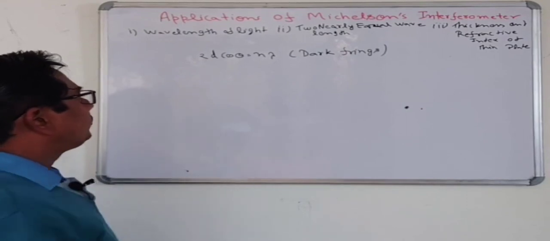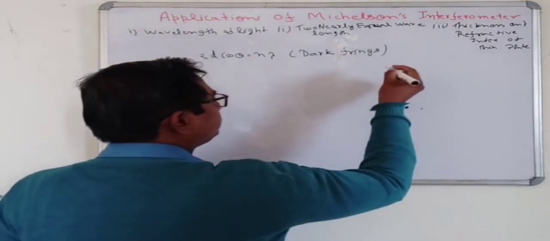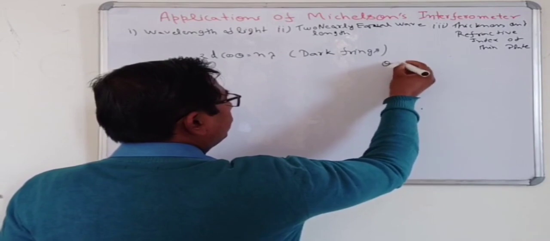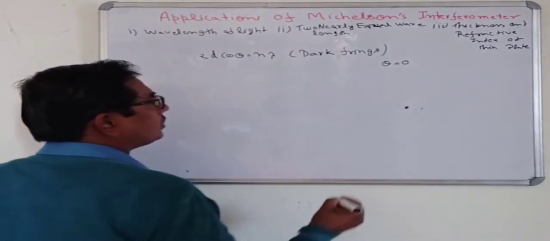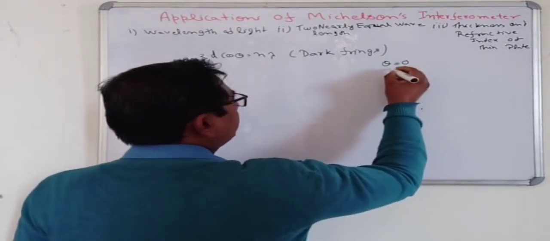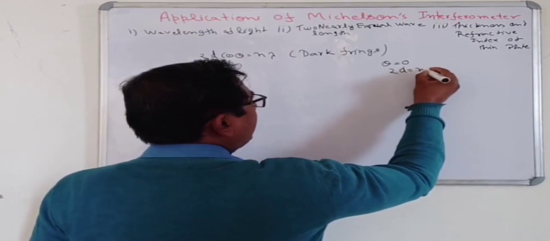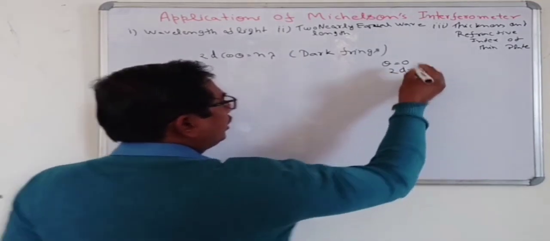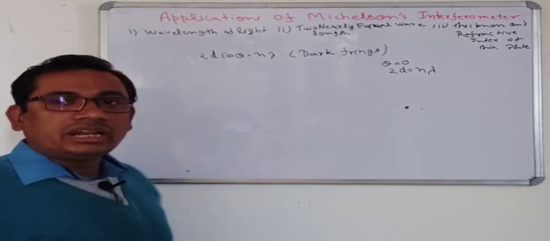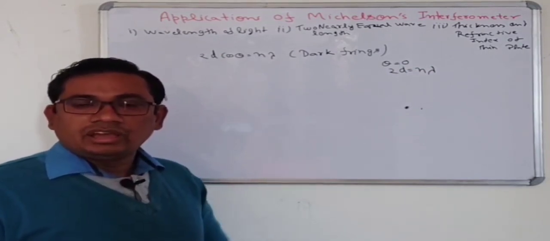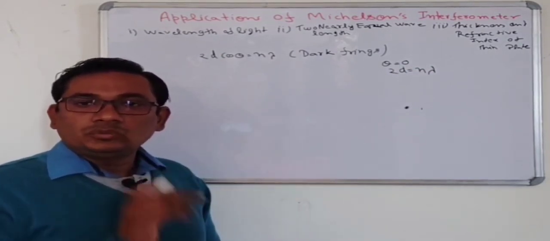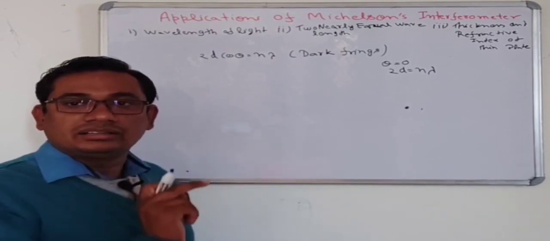When theta is equal to 0, 2d is equal to n lambda. Theta is the view angle. When theta is equal to 0, it means that you will see it at the center.